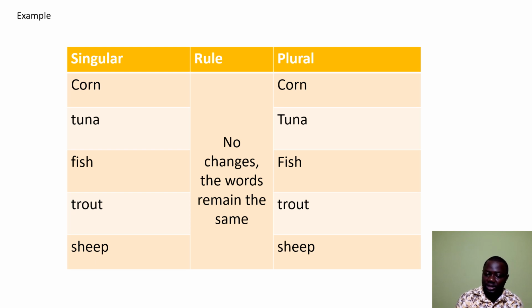Trout is still trout, and sheep is still sheep. They don't change when they are made plural, they still maintain their singular form. Is that clear? Very good. For you to know more about these words, you have to read extensively. Get a book, read. Get your storybooks, read. Experience more words. Get familiar with these words and see how their plurals work.